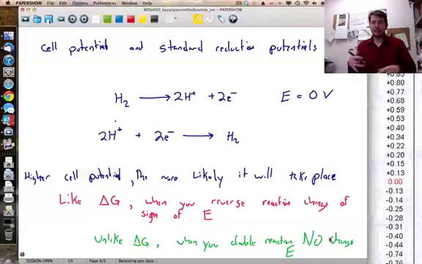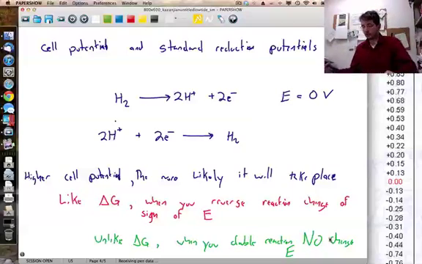In short, Faraday's constant and taking care of the number of electrons alters how we handle it. So we can use it pretty much the same way we use delta G. We can build reactions and combine chemical quantities in a similar fashion.